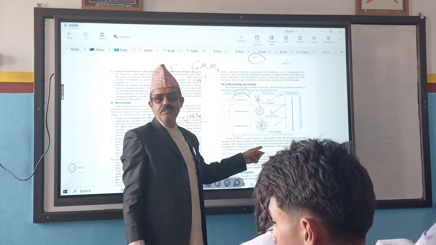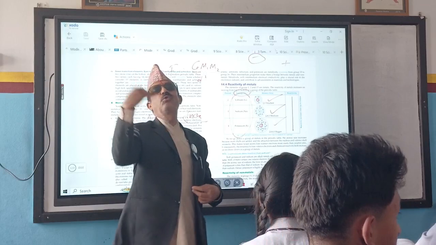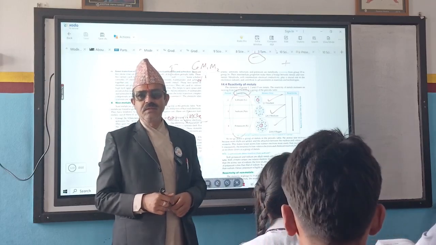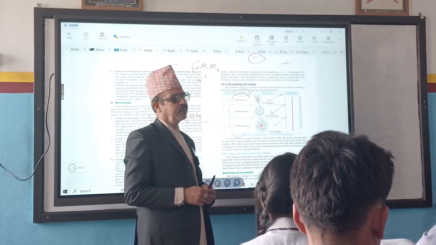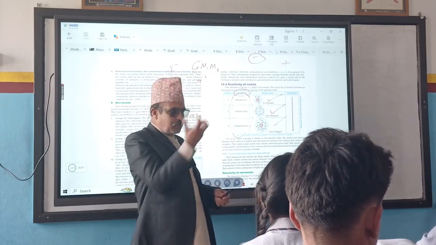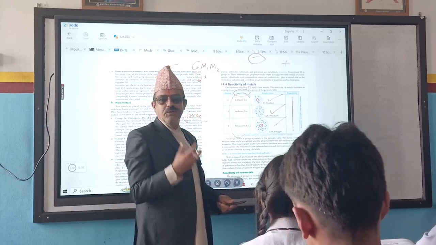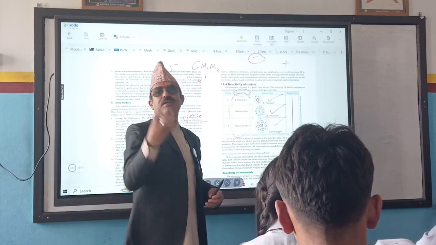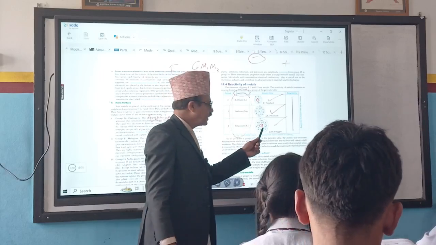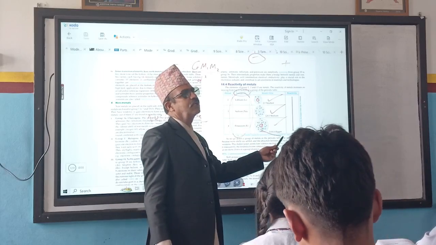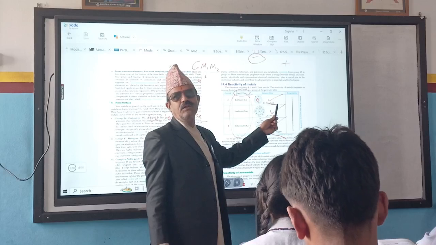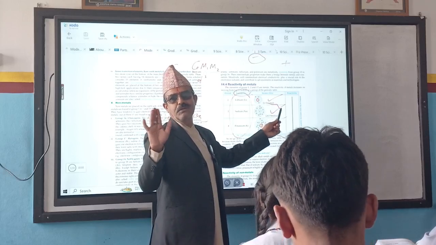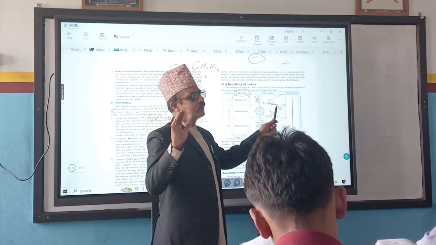So which one can lose electrons faster, with more nuclear force or less nuclear force? Less nuclear force means it cannot hold the electron. That's why where there is less nuclear force, it can lose electrons faster. Where there is more nuclear force, it cannot. Metals do not gain, they always lose.